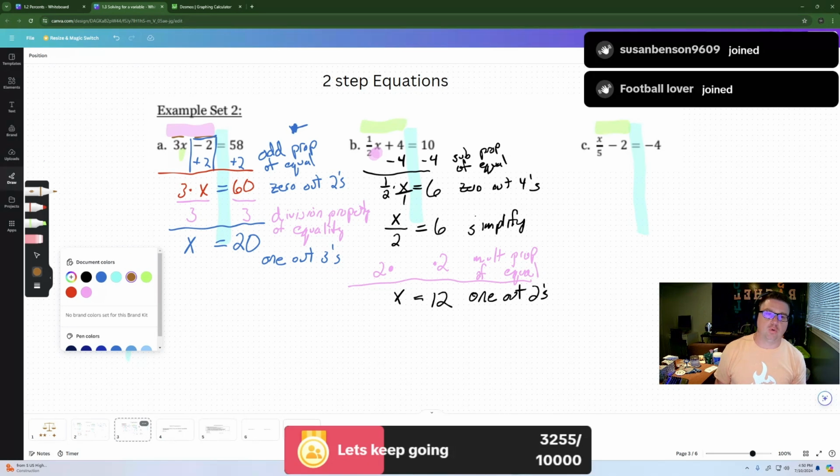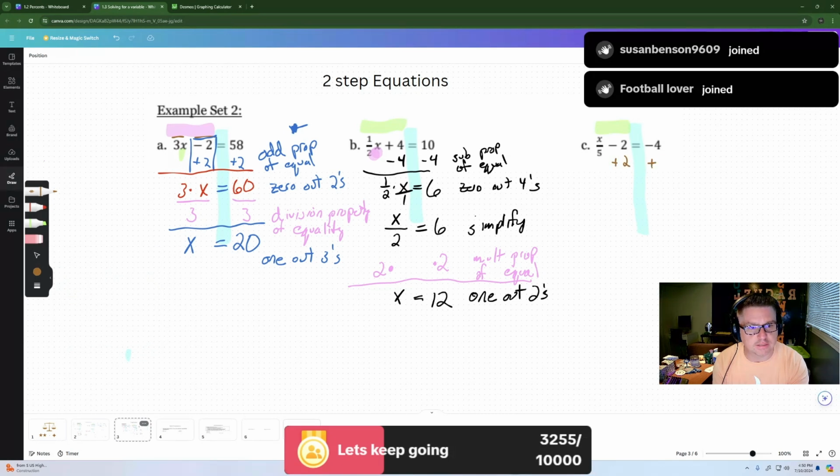All right. So we have x divided by 5 minus 2 and then equals the other side. So when we look at this, x divided by 5 minus 2, your brain is already starting to train itself. And we're going to do the addition property of equality.